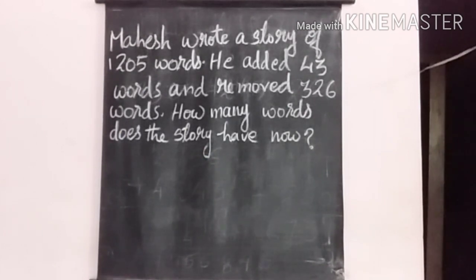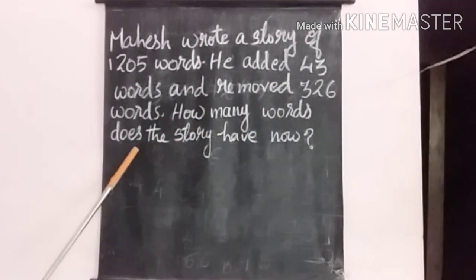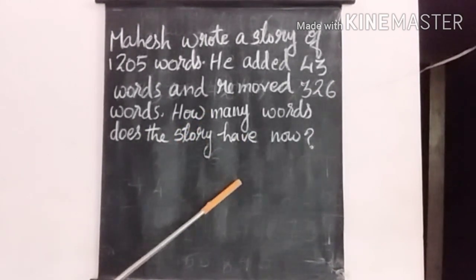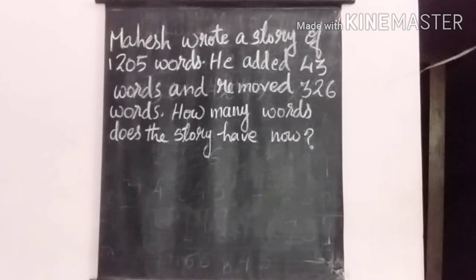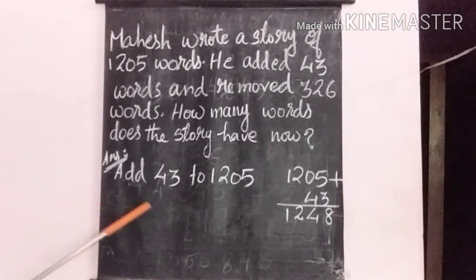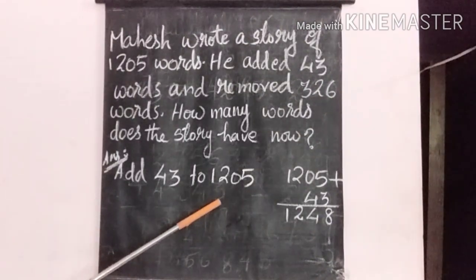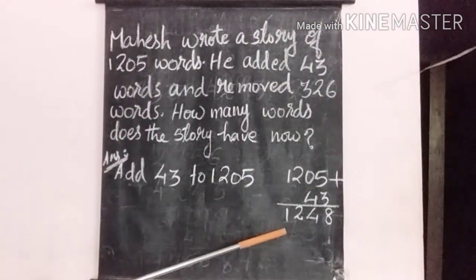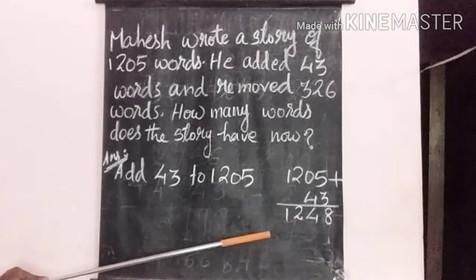See, in this question, what we have to find out? Yes, how many words does this story have now? To find the number of words in the story, first add 43 to 1205. So, when we add 43 to 1205, we get 1248.